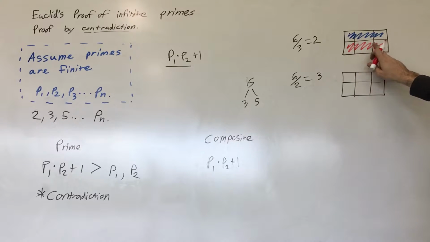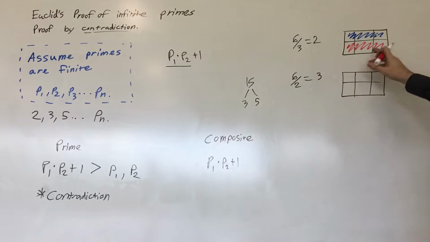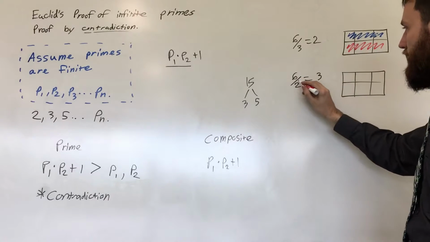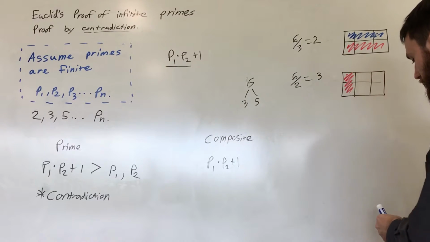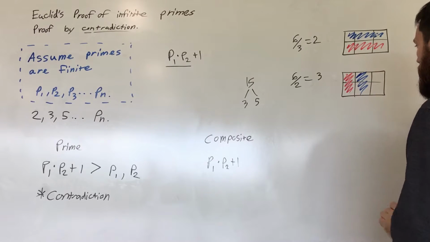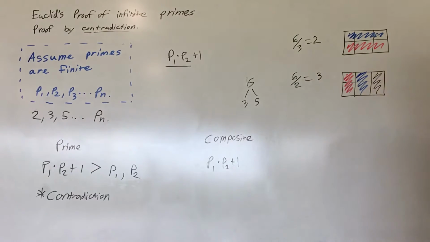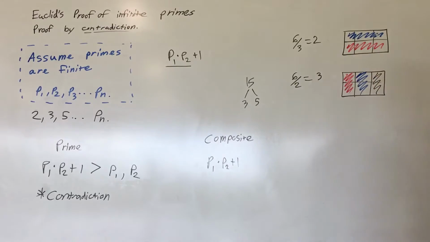It's 3 boxes, 3 boxes. So we get 2 of these. 6 divided by 3 is 2. Here, we can see 6 divided by 2 is 3. So 2 boxes, 2 boxes, 2 boxes. So we can see that this divides easily.